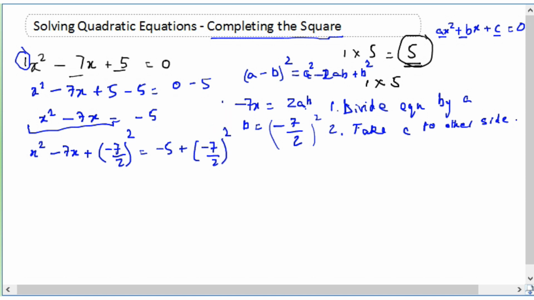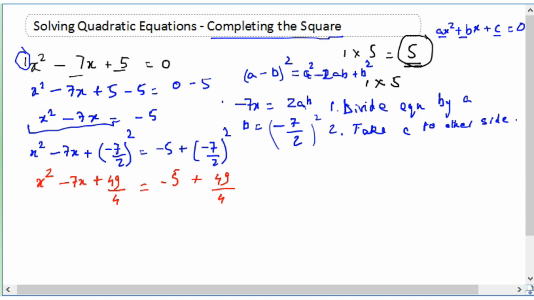So solving that, we get x square minus 7x. Now the square of negative 7 becomes plus 49. So we get plus 49 over the square of 2 is 4. So plus 49 over 4 gives us minus 5 plus 49 over 4.